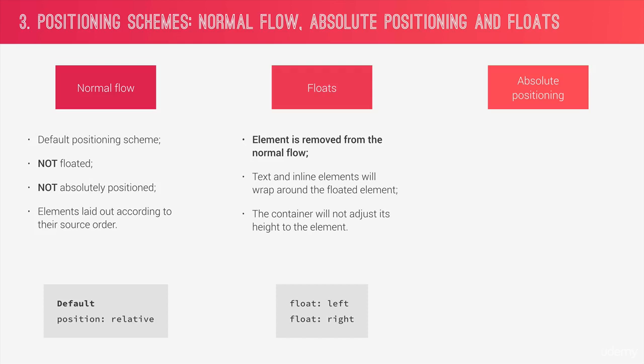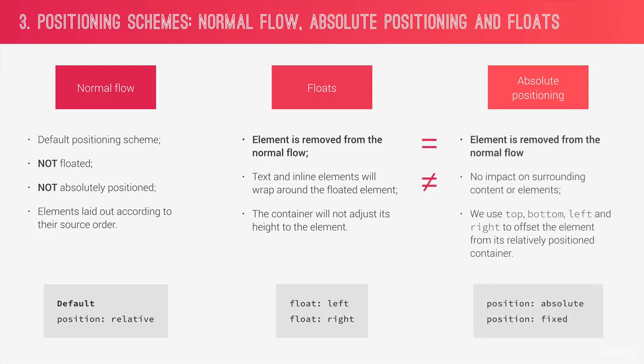When this happens, text and inline elements will wrap around the floated element. Also, when an element is floated, its container will not adjust its height to the element, which sometimes can be problematic. The usual solution to this is to use clear fixes, which I'm sure you have used when building layouts using floats, right?